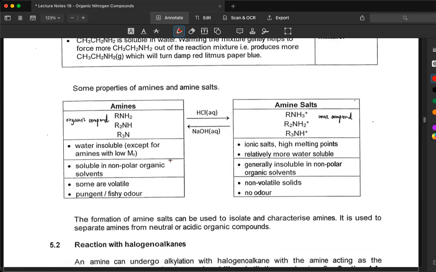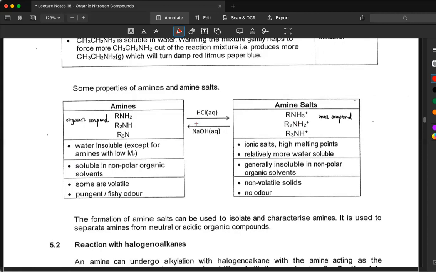Now, some properties of amine and amine salt. Amines are not soluble in water, except for those with low Mr. They are soluble in non-polar organic solvent, volatile, with a pungent odor. Adding acid, you can form the amine salts, which have different properties like high melting point and more water soluble. They are not so soluble in non-polar organic solvent and they are non-volatile, so there's no odor.